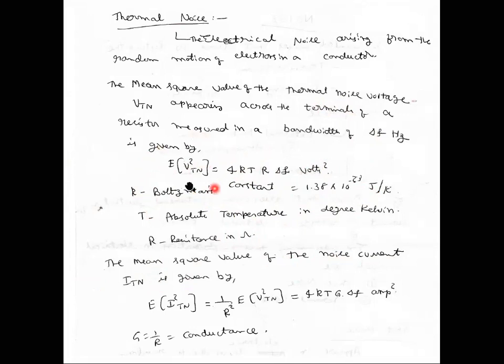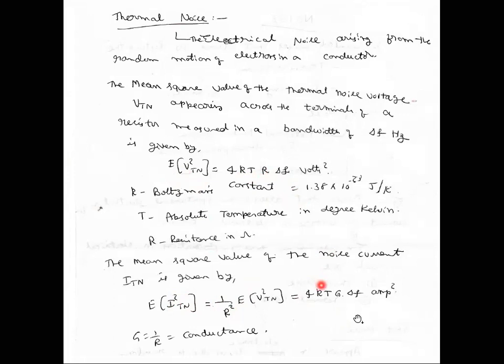This was for thermal noise voltage. Now this is the expression for calculating the mean square value of the noise current. Because it is noise current, it is expectation of ITN square, which is equal to 1 over R square times expectation of VTN square, which is 4 kTR delta F divided by R square.